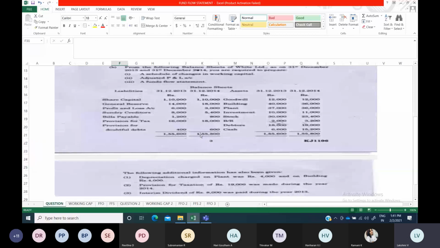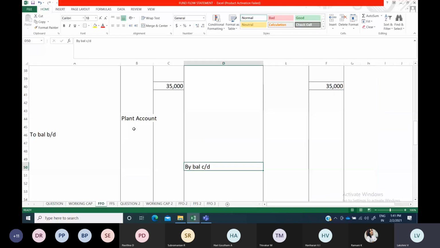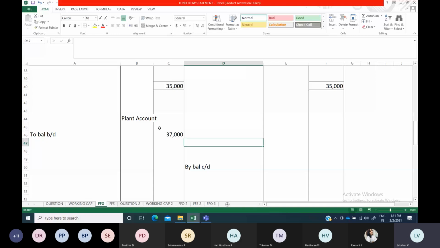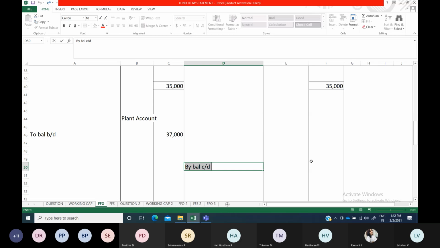Now go to the question and find out how much the opening balance is. Plant 37,000, 36,000. So 37,000 is the opening balance, and your closing balance will be 36,000.